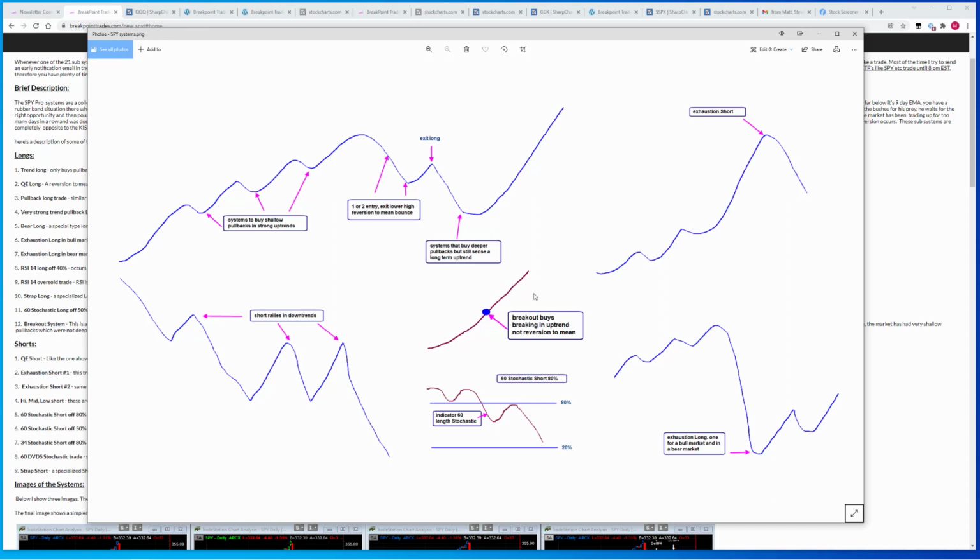Someone asked me, why didn't a bunch of short systems trigger on the current market? Well, because the market's been uptrending, and we've essentially had only one decent correction. We had one little oversold bounce, but in my extensive testing on reversion to mean systems, shorts were some of the most difficult to do. Because long term, the market is uptrending 80%, 90% of the time.